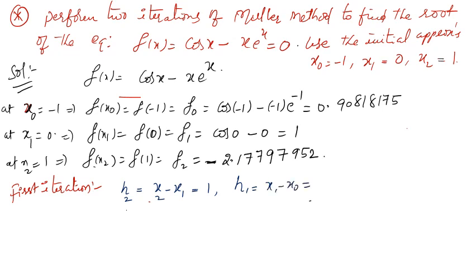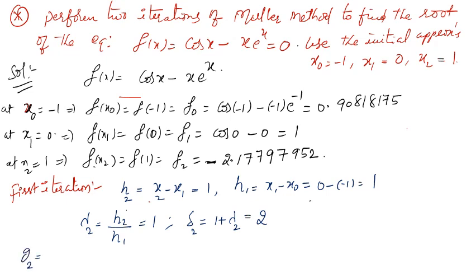So what is this? x1 value 0, x0 value negative 1, so this becomes positive. Next one, lambda 2. Lambda 2 is what? h2 by h1. So this value 1. Next, delta 2 value. Delta 2 is what? 1 plus lambda 2. This value 2.